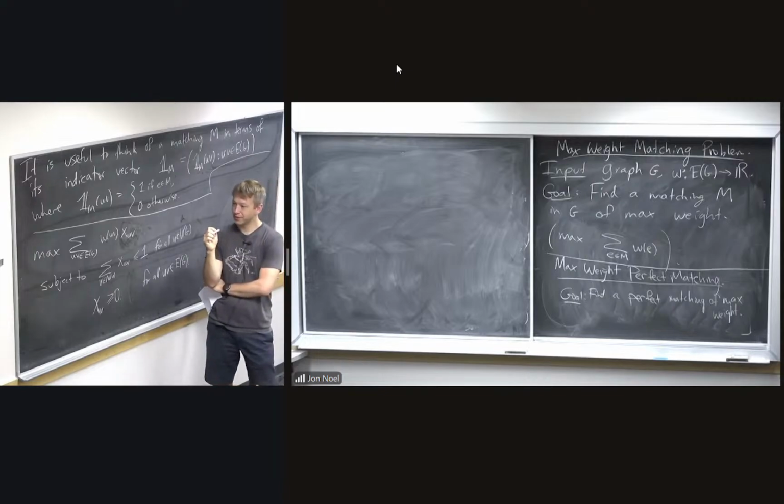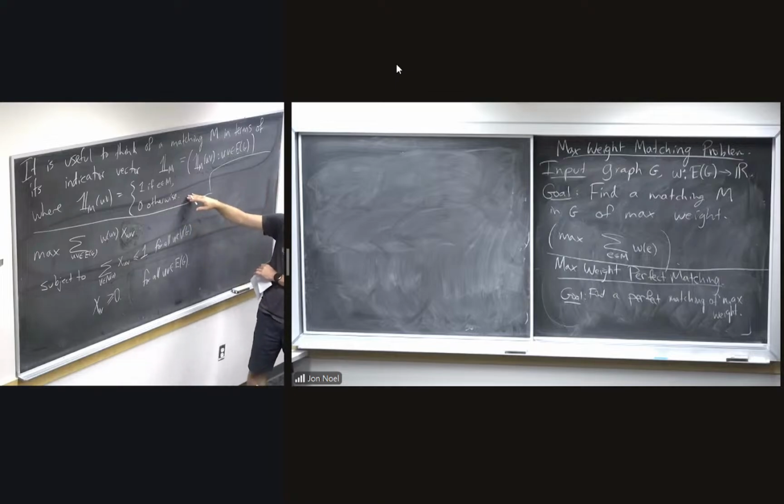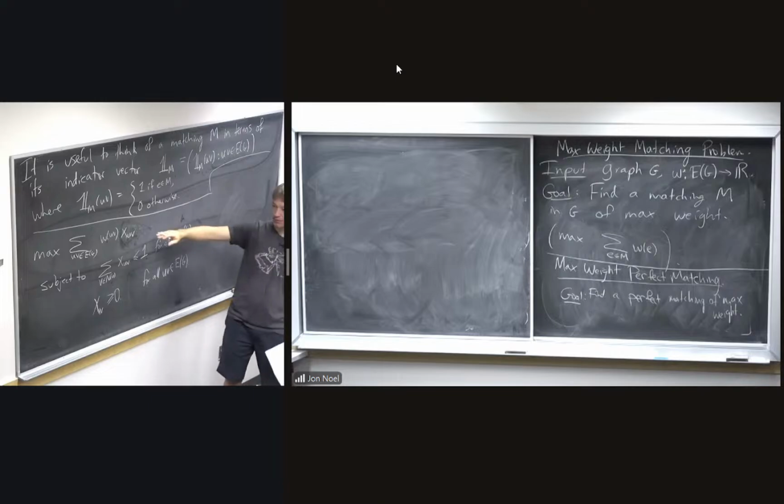Well, if I want to find an actual matching, the indicator vector of the matching, all of the values will be equal to 0 or equal to 1. If I'm treating this as a linear program, it might output fractional values, right?